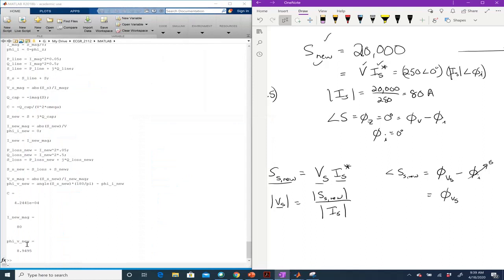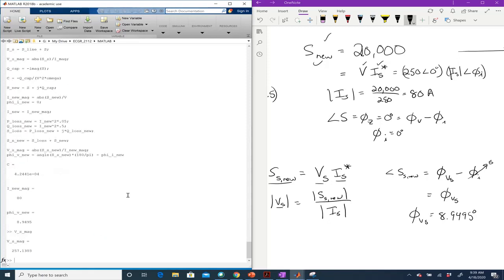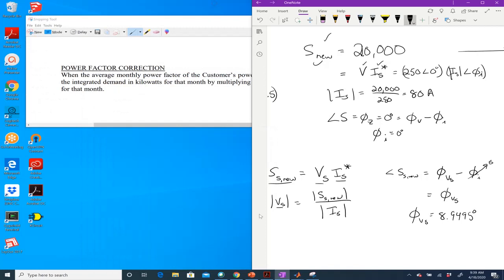What do I see? The angle of the voltage is positive, so phi sub Vs is 8.9495 degrees. And if I look at Vs mag, let's make sure that's the right value I chose.